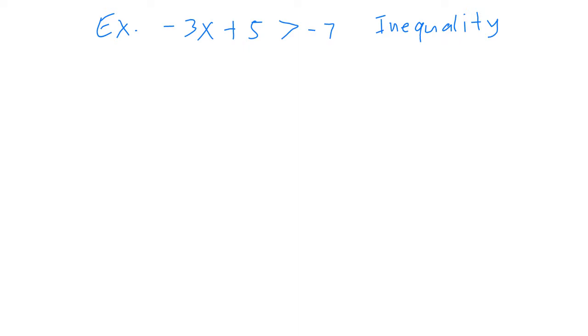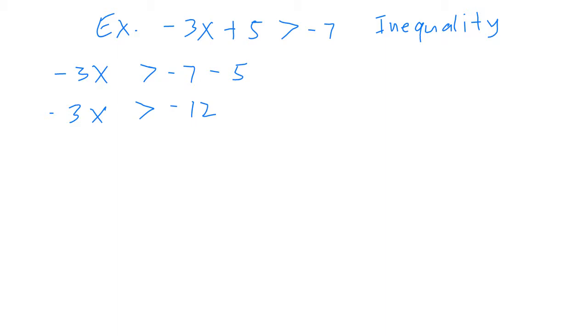So solving for x here, we have to do the same thing as we did in the past, isolating our x. So I have to move 5 to the right side, it becomes a negative. And then I will calculate negative 7 minus 5, that's negative 12.